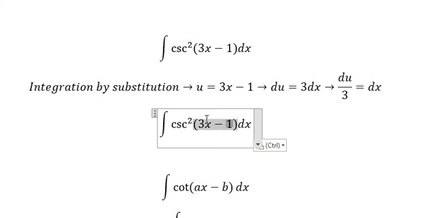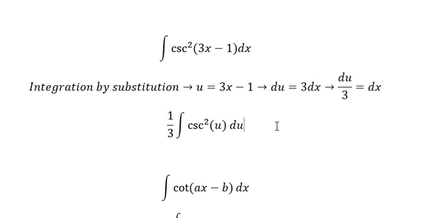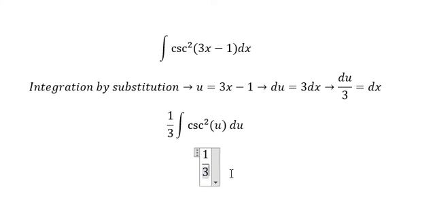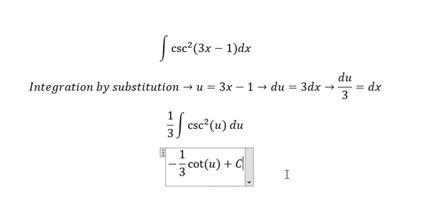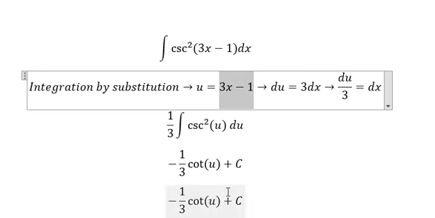So this one we change for u. ds we change for du over 3. The integration of this one, you got negative cosine u. And we put c. About u, that's about this one.